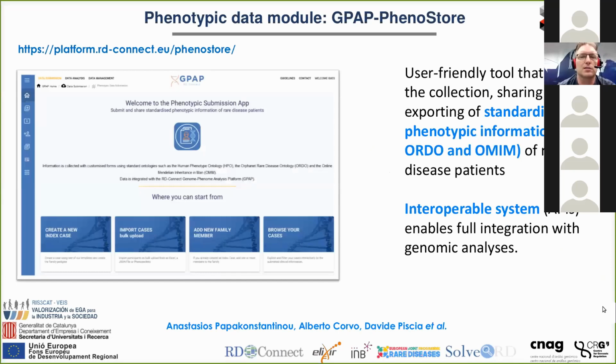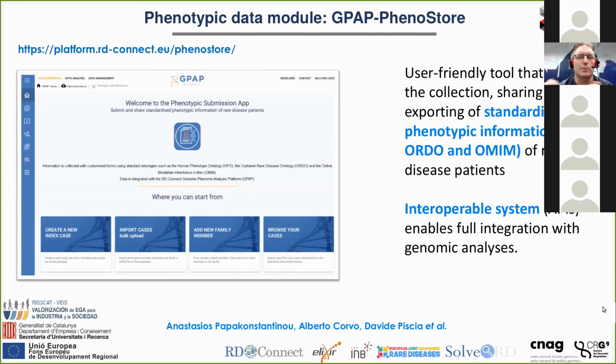So the first step is the phenotypic data. This is the PhenoStore module, which we built fully in-house at CNAG in Barcelona. The PhenoStore is a user-friendly tool that enables the collection, sharing, and exporting of standardized phenotypic information, just the phenotypic information. The standards we apply are HPO from the Human Phenotype Ontology, ORDO, the Orphanet Rare Disease Ontology, and OMIM.